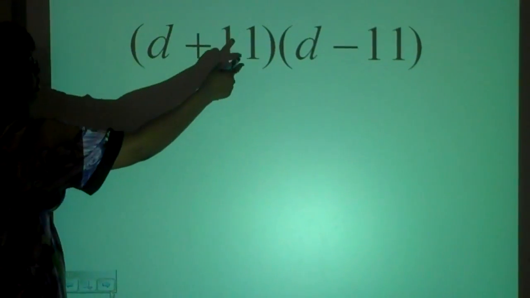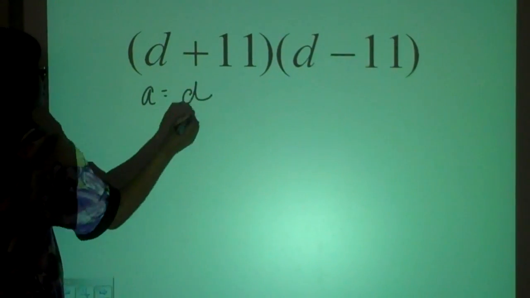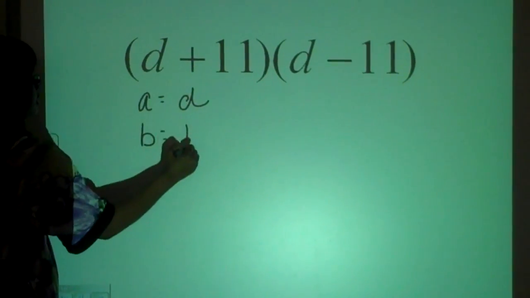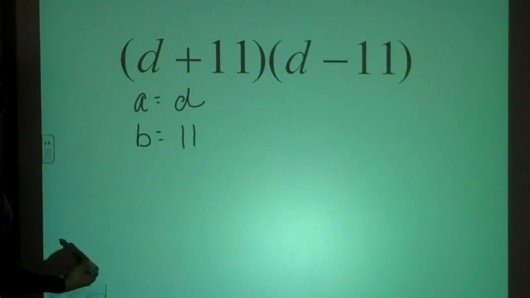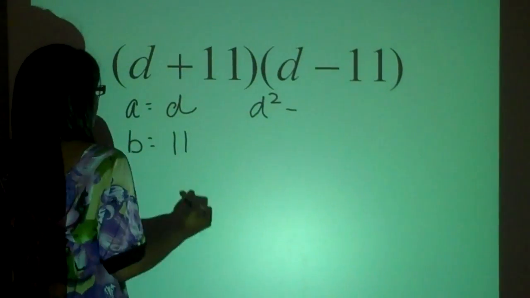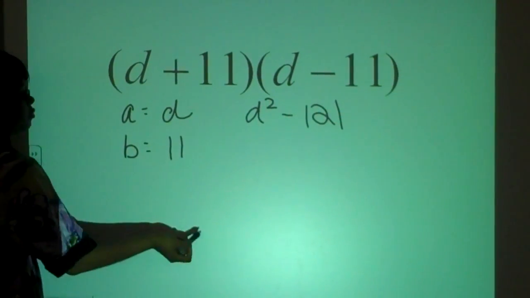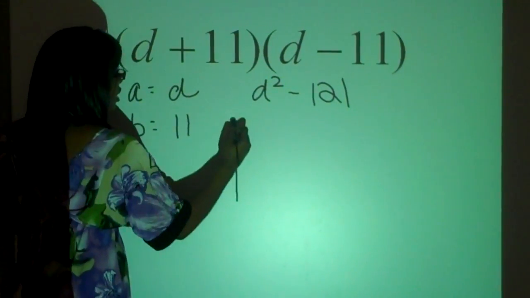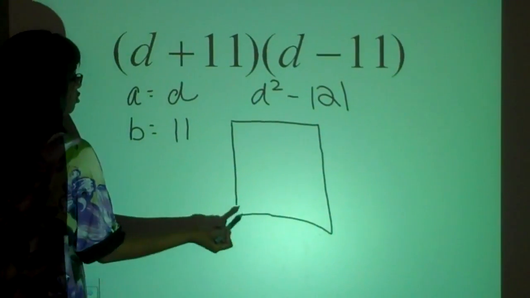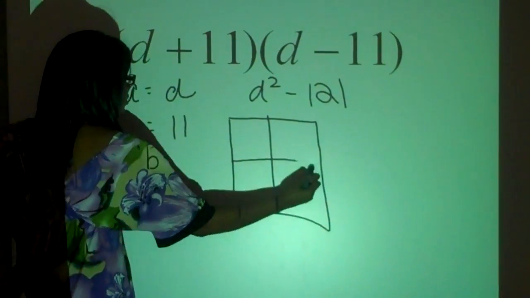D plus 11 times d minus 11. Well, we know that a is d and the b is 11. Our rule tells us that the answer is just a squared minus b squared. Well, if I don't remember that rule, I can always do box or distribute or vertical or whichever one you like.